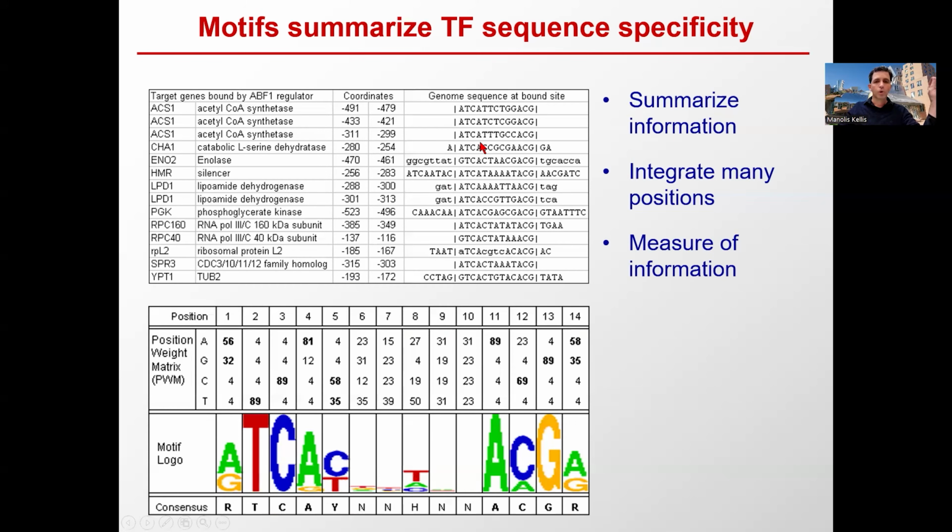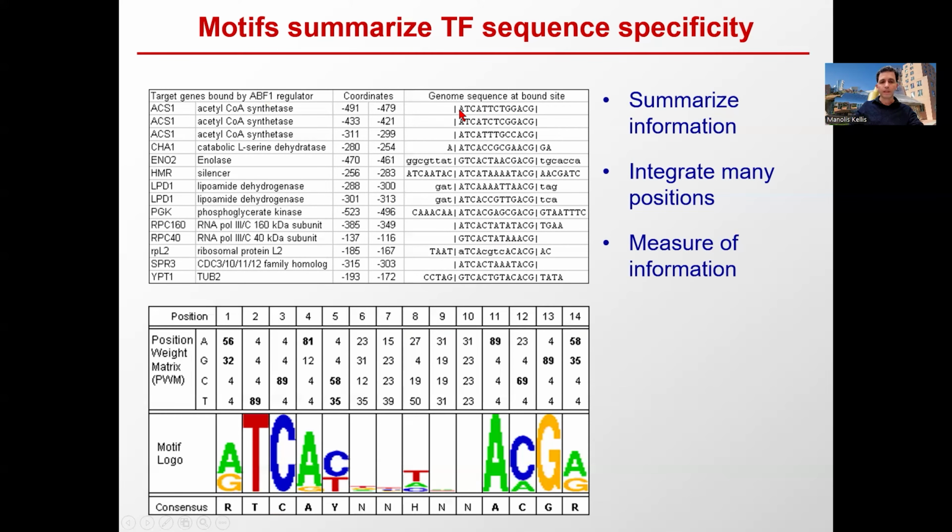Sounds good? So you can discover these motifs and represent them as position weight matrices, or PWMs. And these PWMs allow you to basically say at every position, what is the frequency with which I observe different nucleotides in all of the, for example, bound instances of this regulator. So for example, this ABF1 regulator has all of these bound instances that we found experimentally, and then you can line them up.